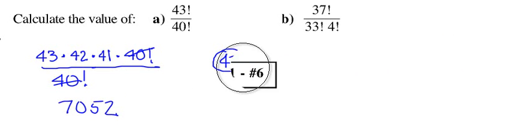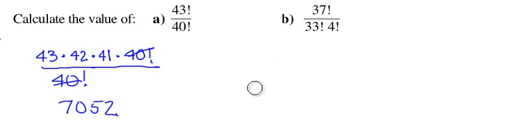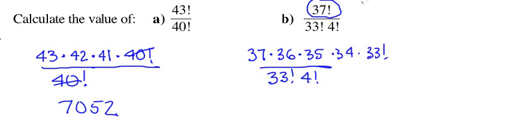In B, if we want to simplify, again, this 37 factorial is the biggest, so let's see if we can get that to cancel against the 33 factorial. We'll leave the denominator alone for the moment. 37 factorial is peel off the 37, and the 36, and the 35, and the 34, and then we'll leave 33 and everything below it in the factorial.